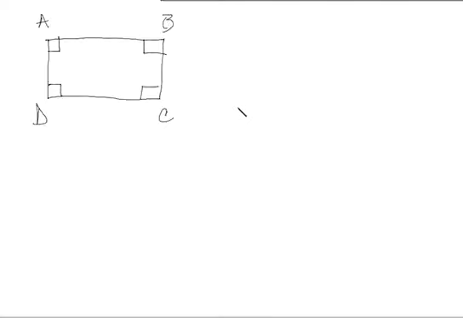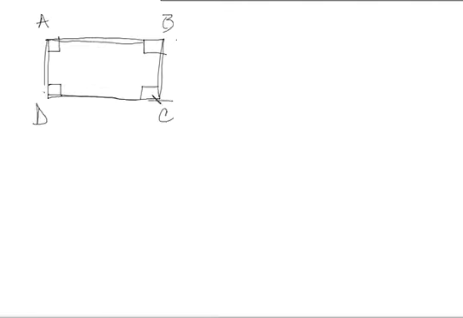The quadrilateral ABCD is a parallelogram. Well, if it's a rectangle, you know that it's a parallelogram. So you know that AD is going to be parallel to BC, and AB is going to be parallel to DC.